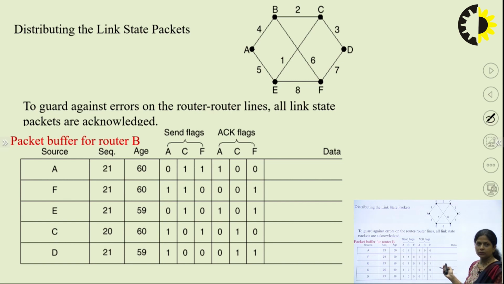That means its neighbors. We are preparing the table for router B. So, what are the neighbors? That is A, F and C, right. So, A, C, F for the send flags and the acknowledgement flags.